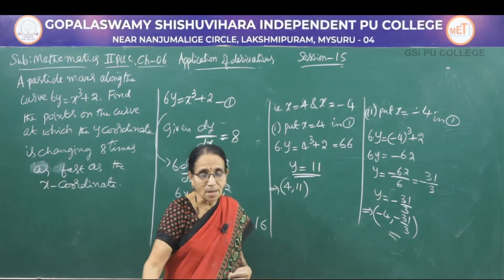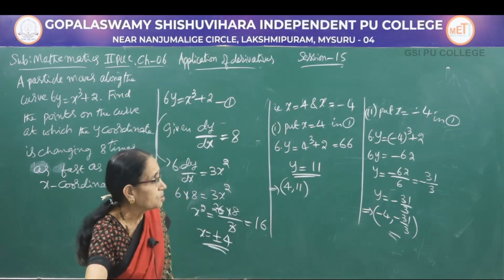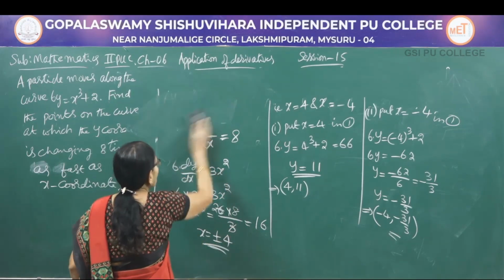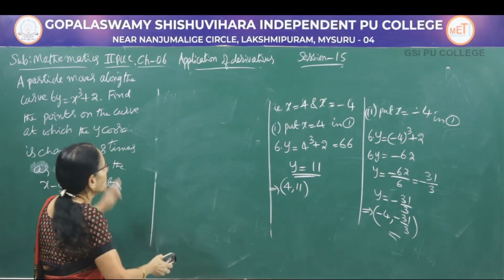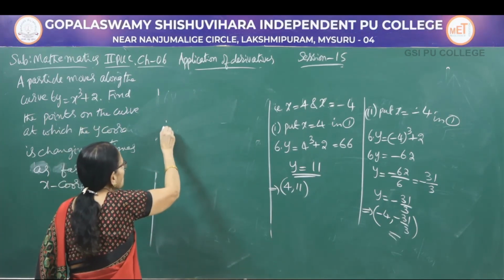So, while writing the answer, combine both these values of x and y and write the answers. Because of how the question was asked, find the points on the curve. So, what you have to do?